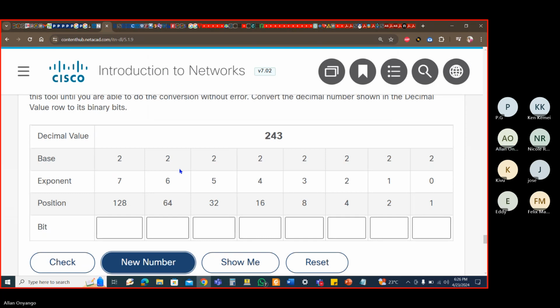243. This is an interesting one. When you meet an interesting number like this, I want to give you some rules that will help you. Do it if you have pen and paper. The first rule, if you're given a big number, is to start by subtracting the biggest number within our list here. So subtract 243 minus 128, which is the largest.